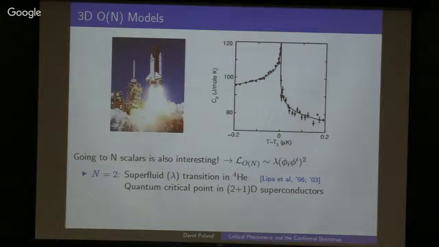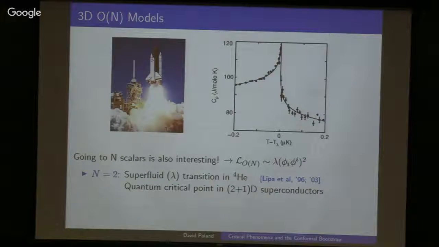And this is called the 3D O(N) model. And in fact, different values of n are interesting. So the case with n equals 2, when there are two scalar fields, is believed to describe the superfluid transition in helium-4.